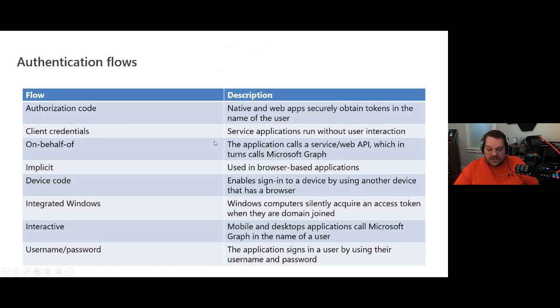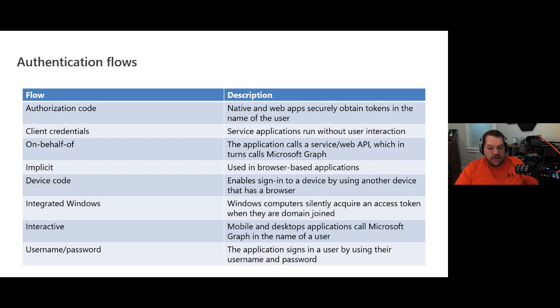There are multiple authentication flows that are supported by Microsoft Identity Platform. Now, the cool thing about this is that we're not going to go over all of them. Essentially, we're going to focus on one or two, but there's quite a few, and they all support different situations where we want to have a different login experience.